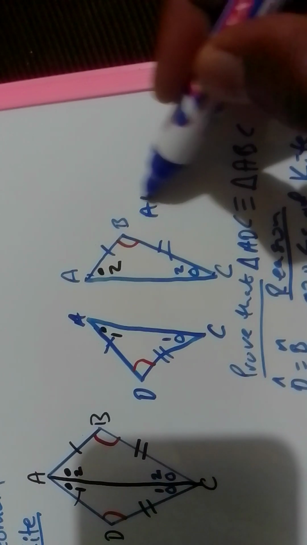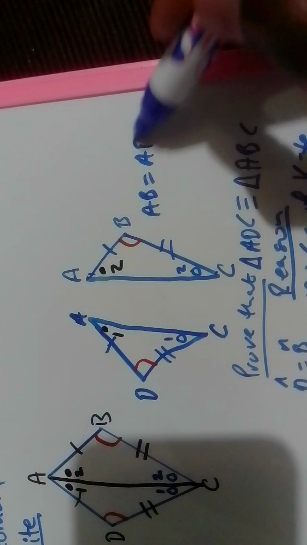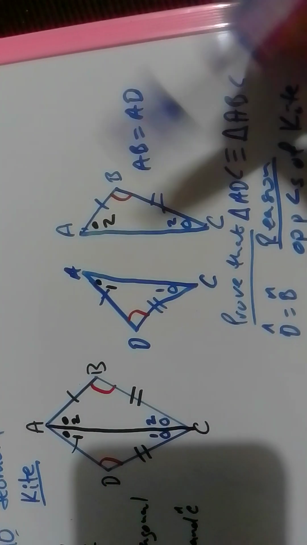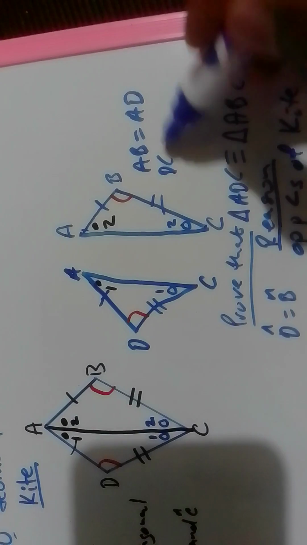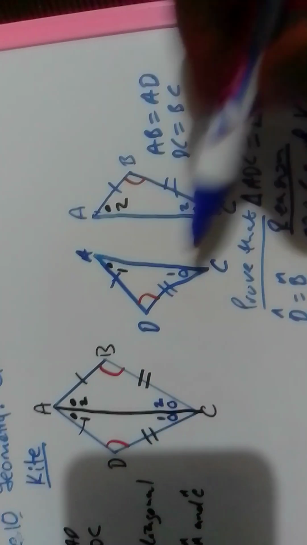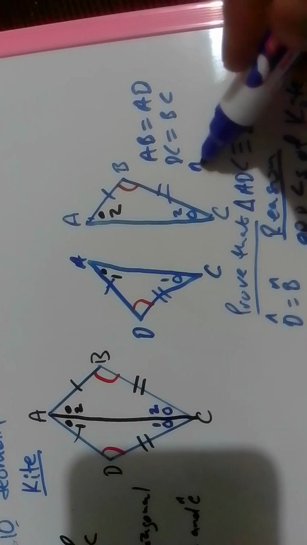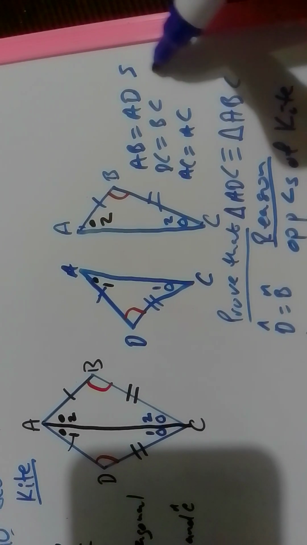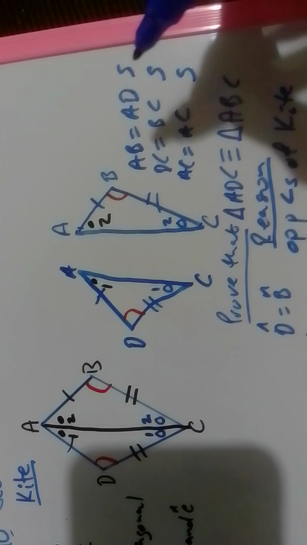So I could have said AB is equal to AD, and line DC is equal to line BC. And line AC is a common side. So I could have used side, side, side to prove congruency.